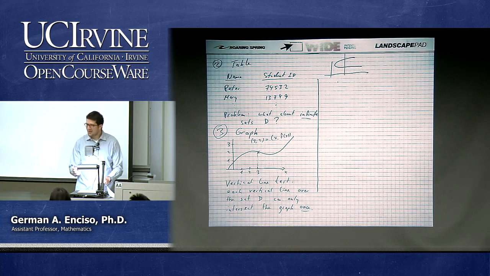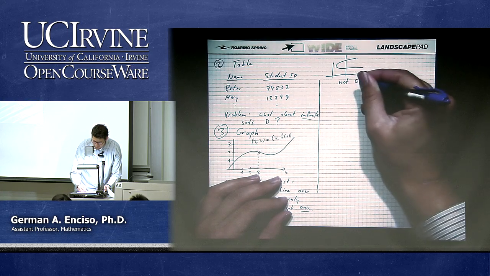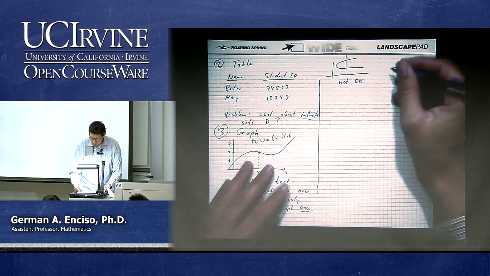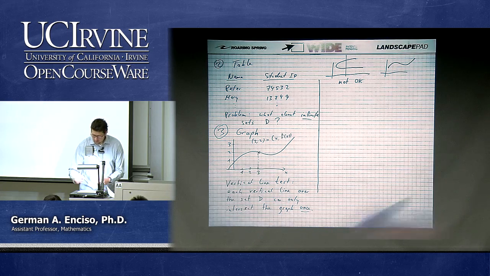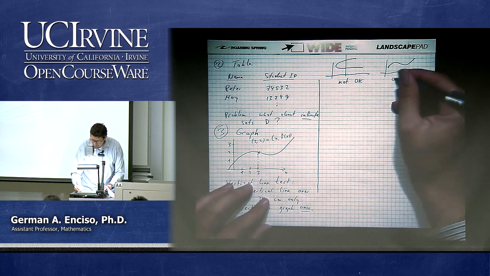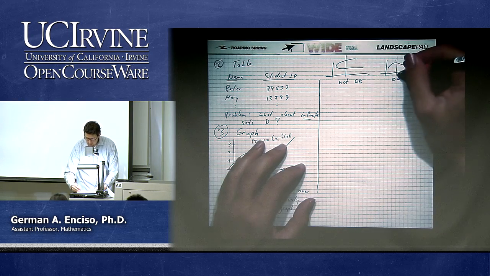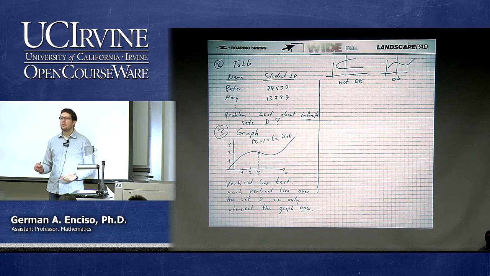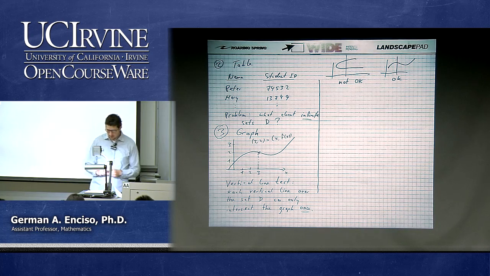Right, it depends what you mean by okay. It's not okay in the sense that it's not a function. But this one like this is okay. It doesn't matter where you draw the line. There's only one intersection.